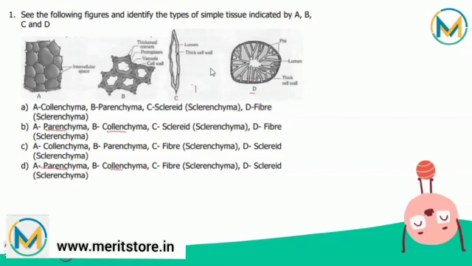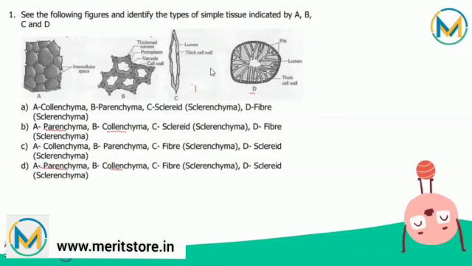The fibers are thick-walled, elongated, and pointed cells, generally occurring in groups in various parts of the plant. The sclereids are spherical, oval, or cylindrical, highly thickened dead cells with very narrow cavities like a lumen.